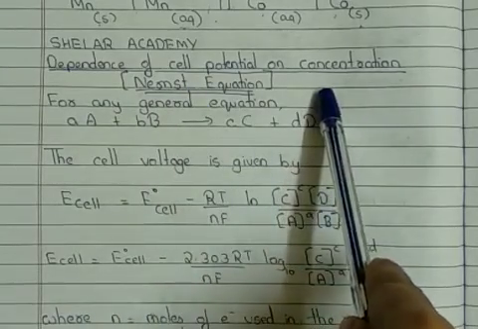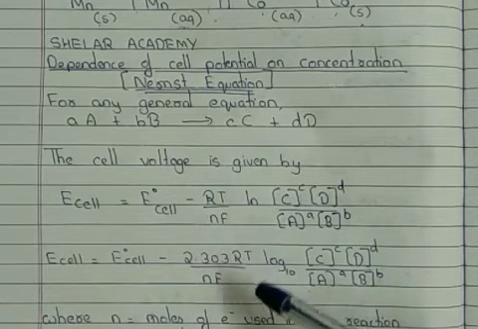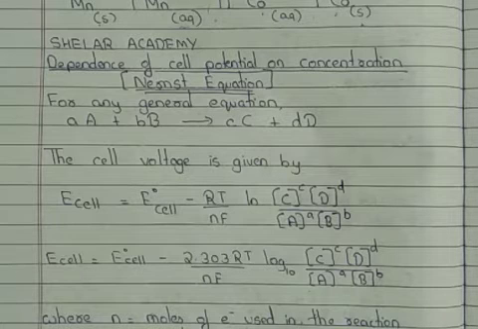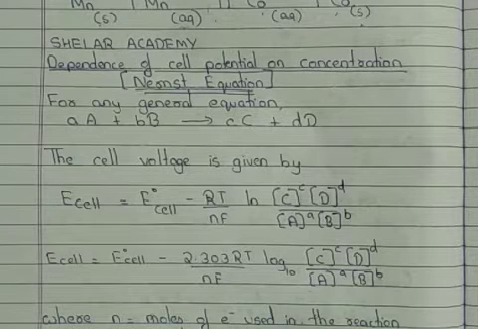Generally the cell potential and our electrode potential depend upon temperature, concentration of solutes and partial pressure of gases. This dependence of potential is given by the Nernst equation.